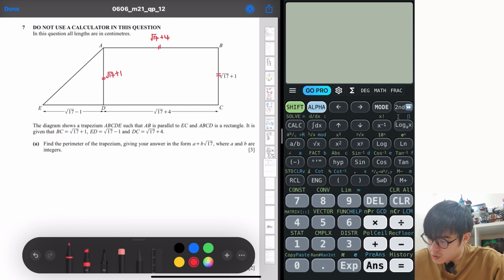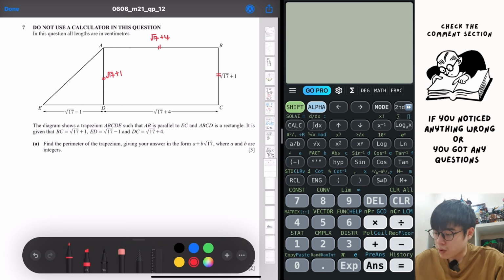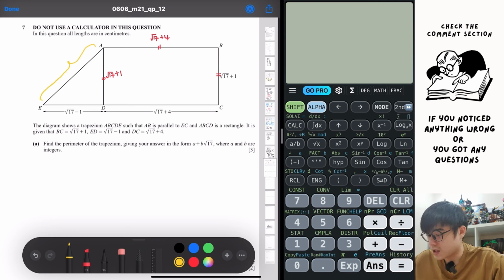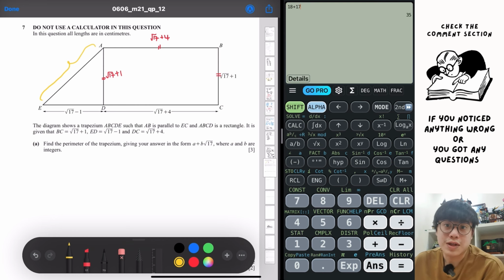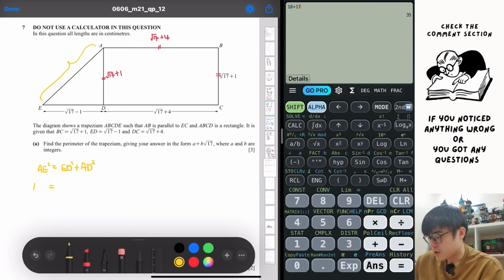If we look closely, we notice that there's only one thing we need to find here, which is this AE length. Let's utilize our Pythagoras theorem, where AE squared equals ED squared plus AD squared.